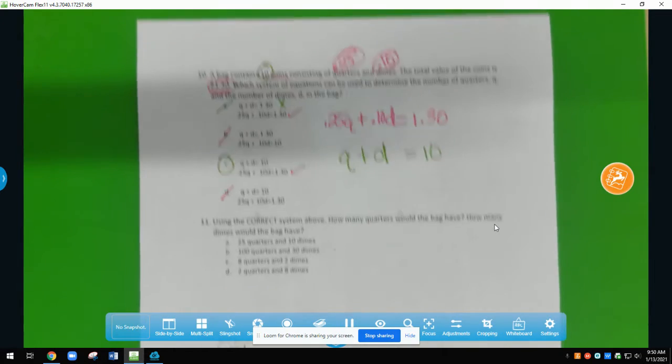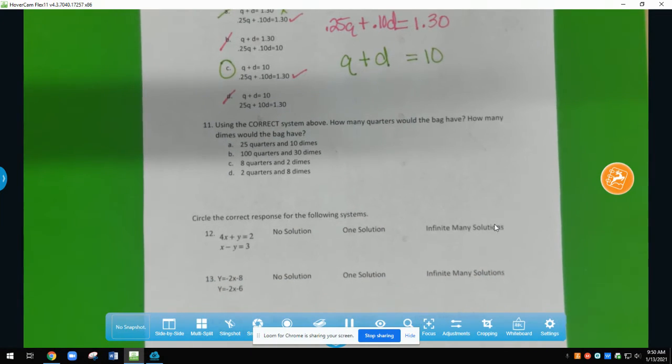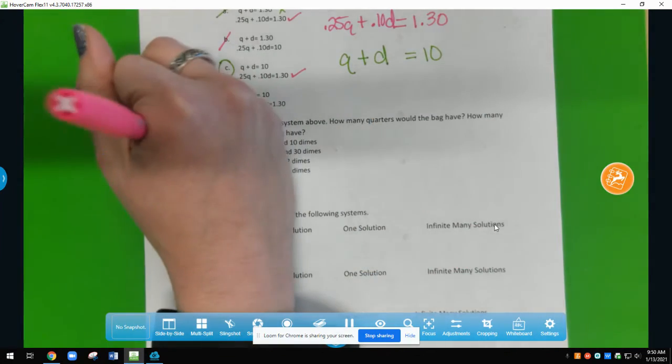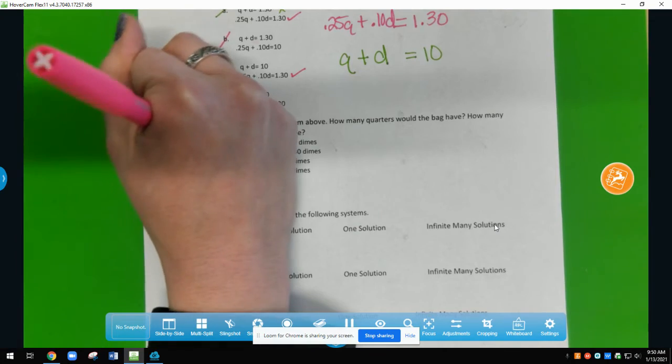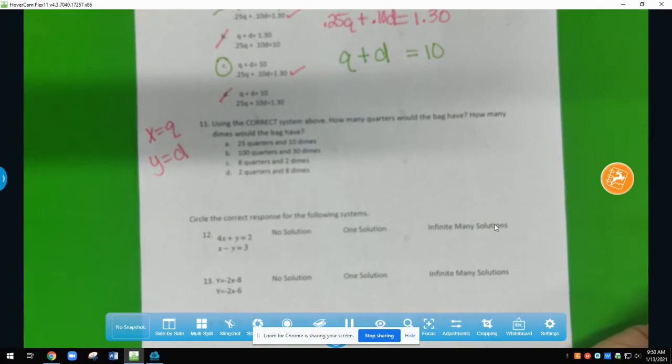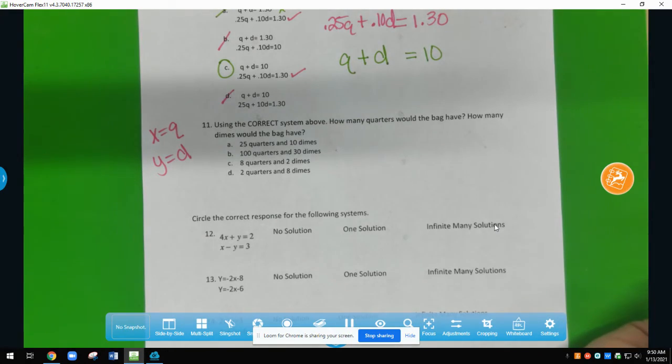Okay, number 11. Using the correct system above, so that would be answer choice C, how many quarters would the bag have? How many dimes would the bag have? So instead of using Q and D, I'm going to use X is going to be my quarters, Y is going to be my dimes. So we need to put this in Desmos.